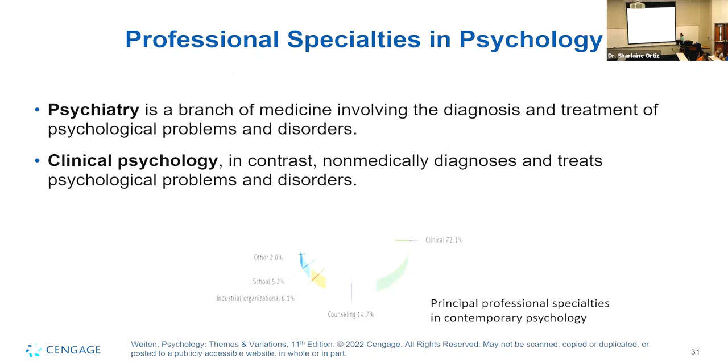Now, as I mentioned earlier, clinical psychology is non-medical. A clinical psychologist does not hold a medical doctorate. They generally hold a Ph.D., or a Psy.D., or an Ed.D., but generally it's a Ph.D.